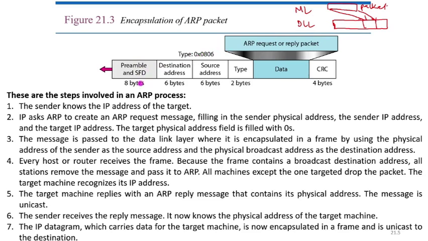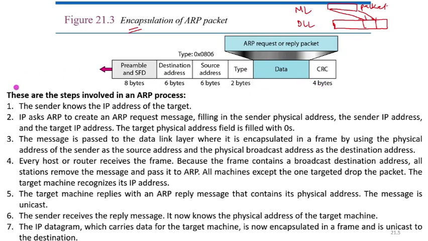These are the fields that we have already seen, like what is preamble and what is SFD, along with the destination and source and the type. So these are the information that are being added into the frames. Encapsulation means whatever data comes from the network layer will be encapsulated along with the headers and the trailer bits.